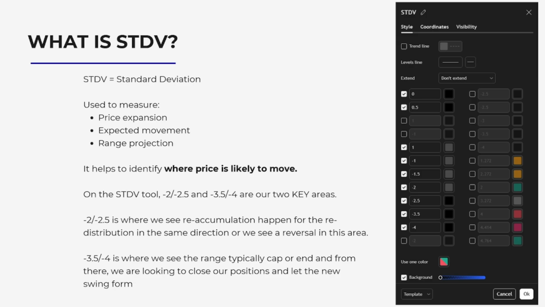Within negative 2 and negative 2.5, that is where we see reaccumulation for redistribution in the same direction, or we see a reversal. Negative 3.5 and negative 4 is where we see the range typically cap or end, and from there, we're looking to close our positions and let the new swing form. So this is standard deviation.